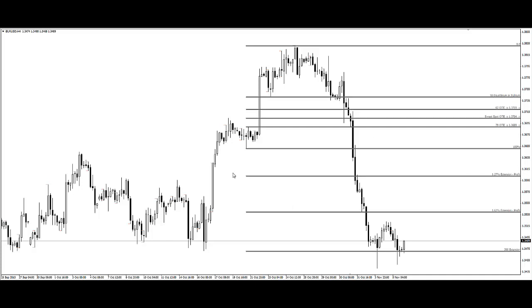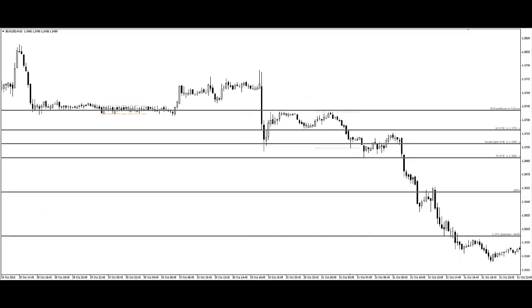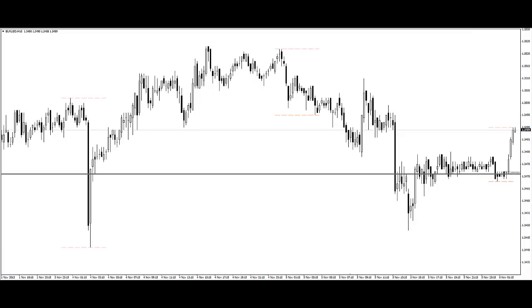Now, you could take this even further and go down to a 15-minute time frame. Okay, and just simply looking at the 5th of November, you can see that we have this swing here. When it breaks this low here, it's going to be a fulcrum point right there.